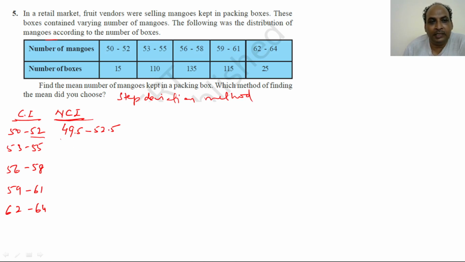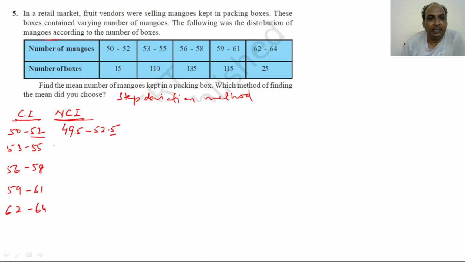So actually there is no change overall, you can see. Why? Because the 0.5 and the 0.5 add up together to make 1, and the 50 to 52 stays as it is. So literally the class limits are not changing, but the class size is. H will become 3; earlier H was equal to 2.